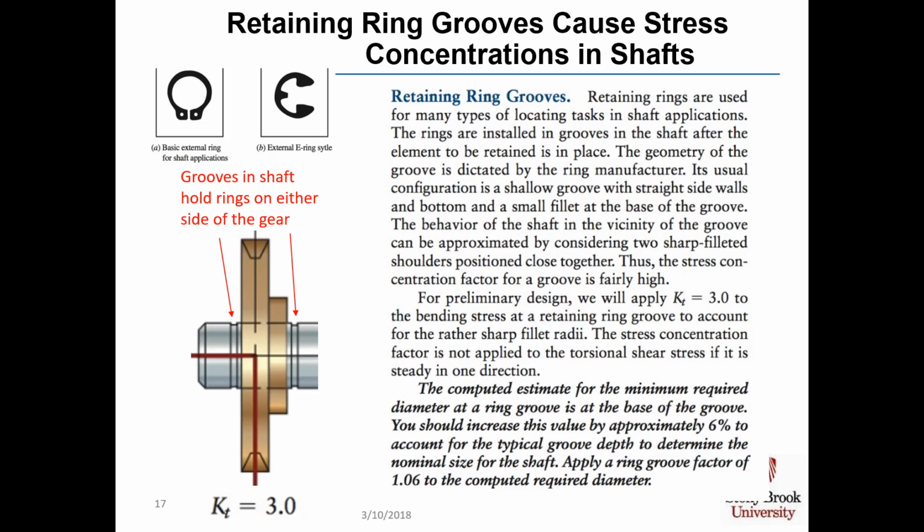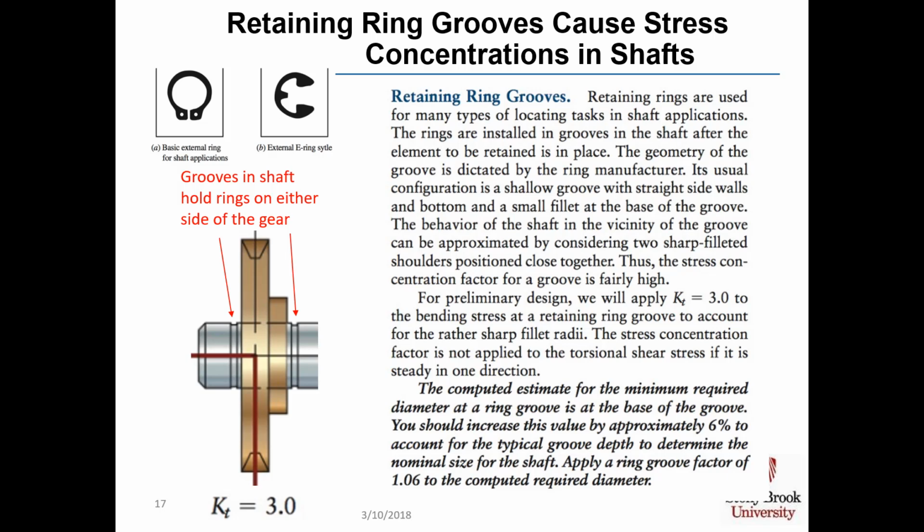In other words, it's at a slightly smaller diameter than what's shown where the gear slips on. So if you're going to show the actual diameter of the bulk of the shaft, you have to typically increase the ring groove value by about 6% to account for that ring groove depth.